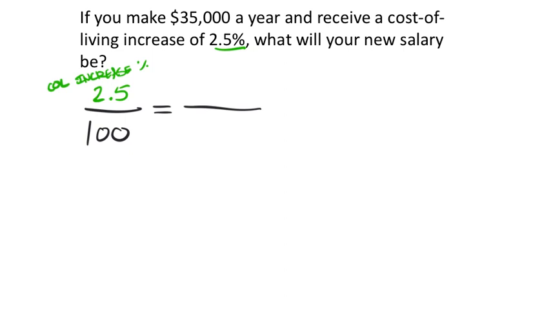Then it says up here, if you make $35,000 a year, that's your whole salary right now, okay? So that $35,000 a year is the whole salary. So that goes on the bottom? Correct. So we have the 35,000 here on the bottom. And again, that's your whole salary.